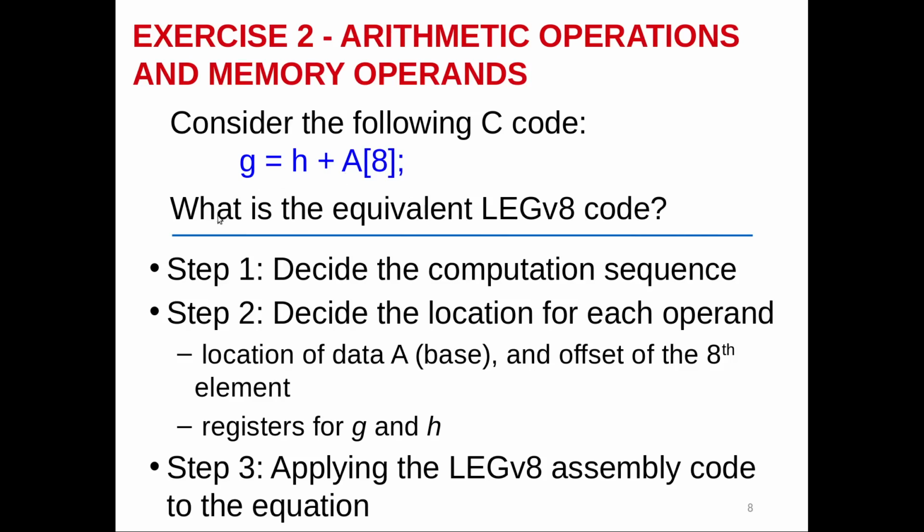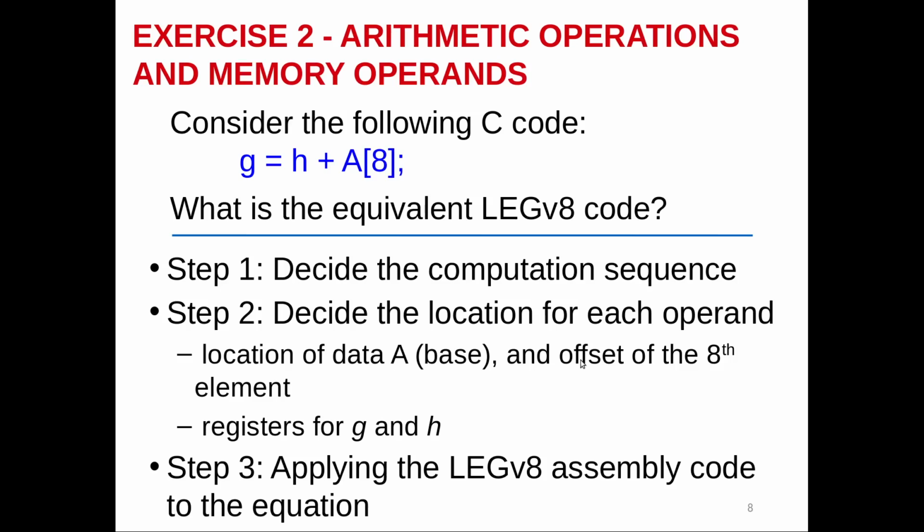Similar to exercise 1, we will consider this in 3 steps. Step 1, we decide the computation sequence. Step 2, we decide the location for each operand. In more detail, we will need to decide the location of data A in the memory, or the base address of data A in the memory.